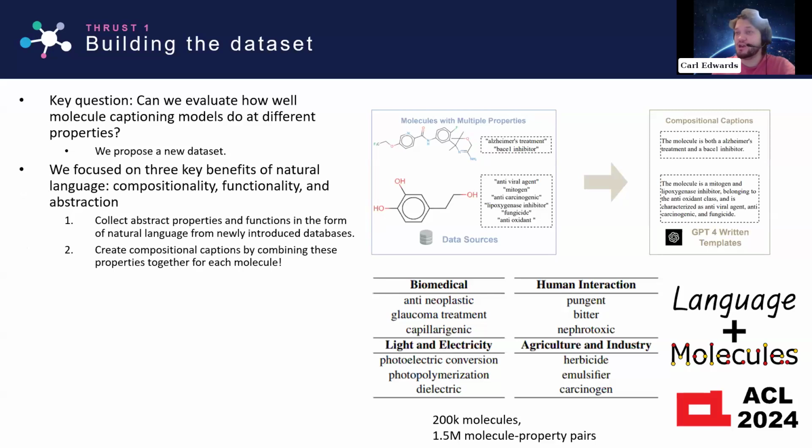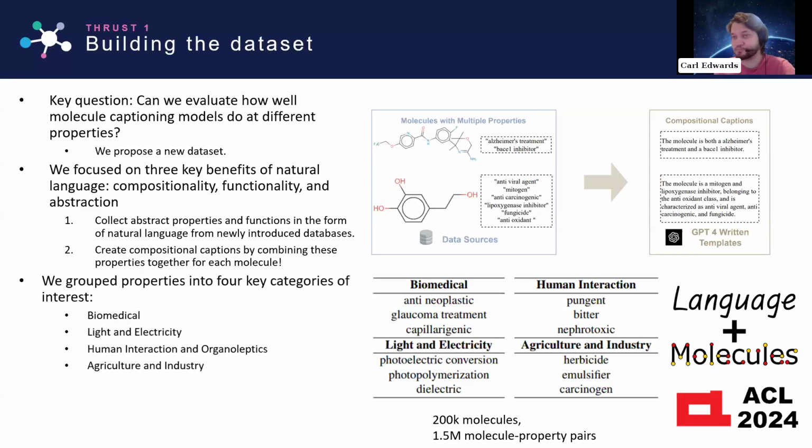And then we made these compositional by combining these properties together for each molecule. Here we took that template-based approach. In particular, we focused on 4 key categories of interest: the biomedical domain, light and electricity, human interactions, so things like touch, taste, etc., and agriculture and industry.